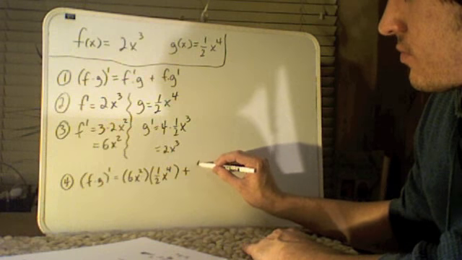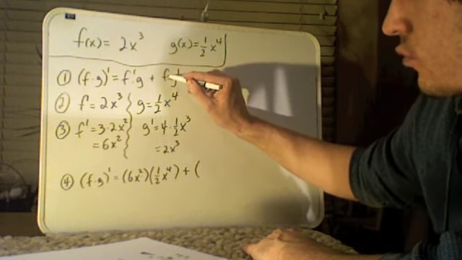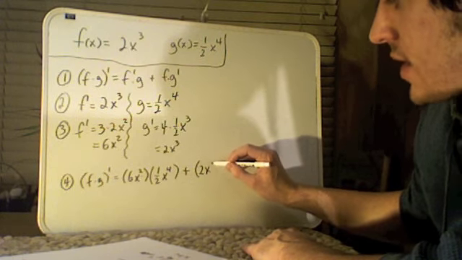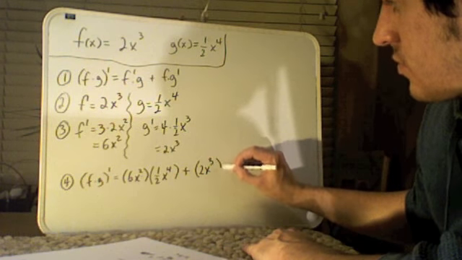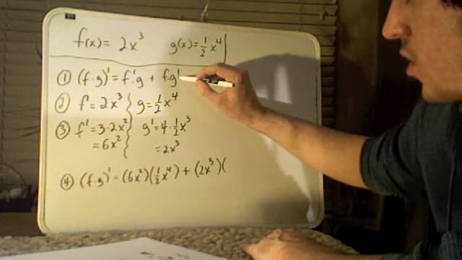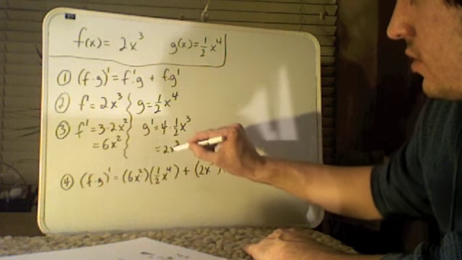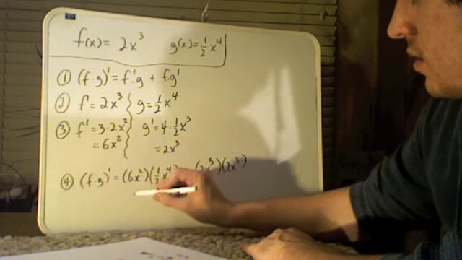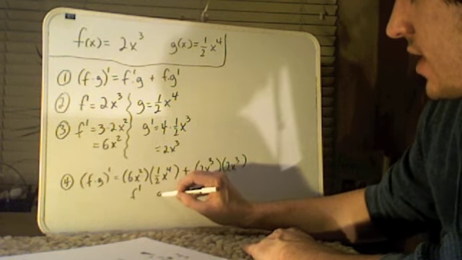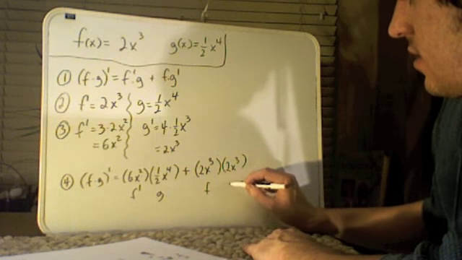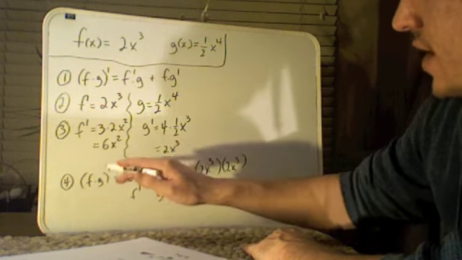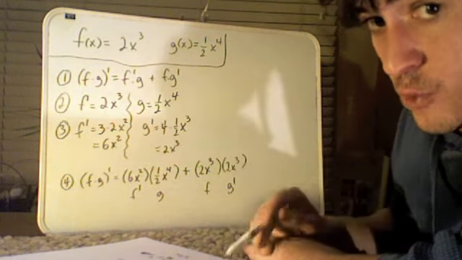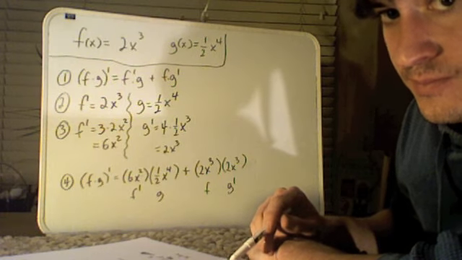Plus, now, regular f, 2x cubed, times g prime, 2x cubed. Again, that's f prime, that's g, that's f, that's g prime. Fourth step is just plugging in steps 2 and 3 into step 1. Okay?